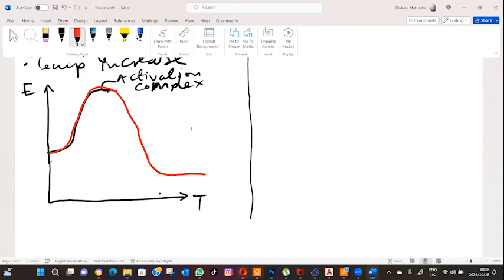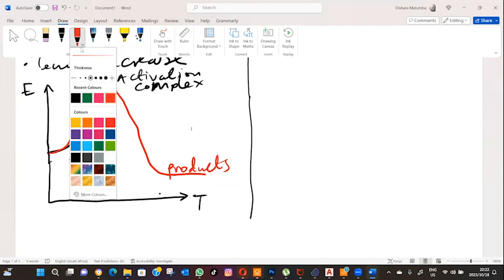This is the change in H. This is an exothermic reaction.